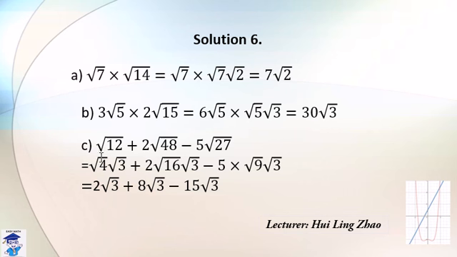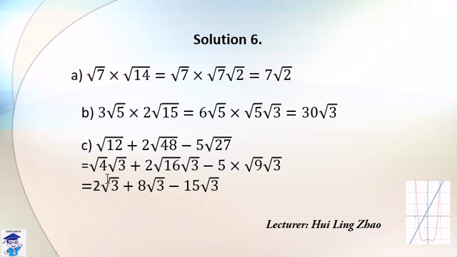Number C question. 12 equals 4 times 3, so you separate it into the square root of 4 times the square root of 3. And the second term is 48, which equals 16 times 3, so it is separated into the square root of 16 times the square root of 3. And the last term is 27, which is 9 times 3.